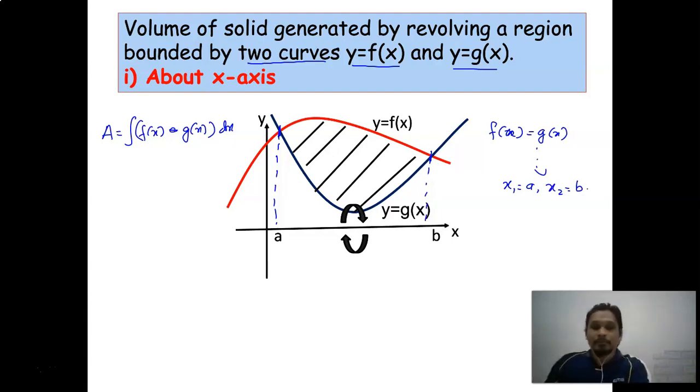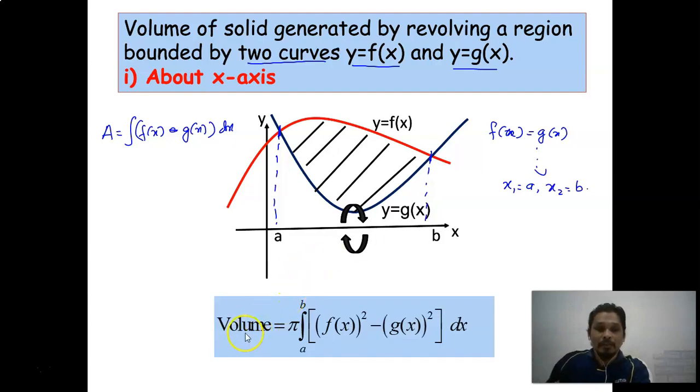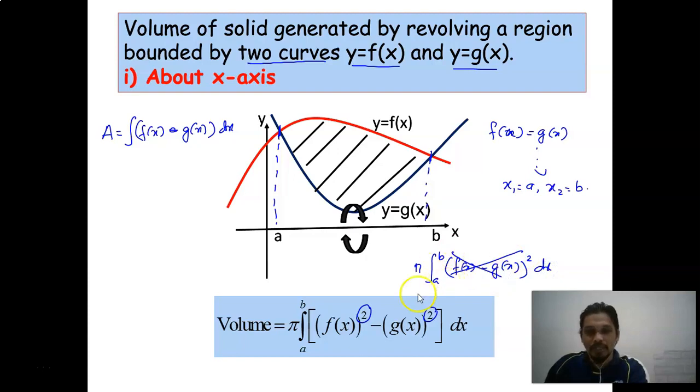Then, to find the volume, it is pi integral of, to be careful here, f(x) squared minus g(x) squared. Sometimes students write the integral from a until b of f(x) minus g(x), all squared, dx, which is totally wrong. So please be careful to square each function one by one.